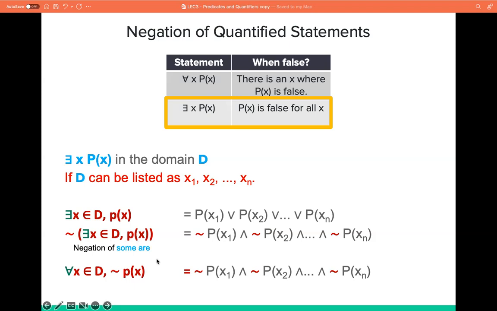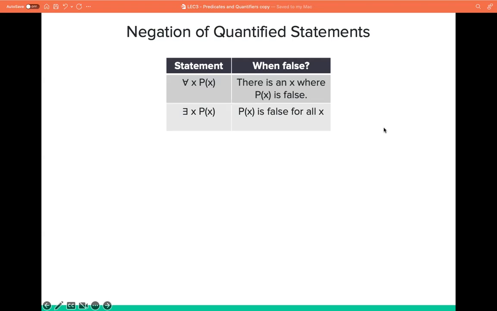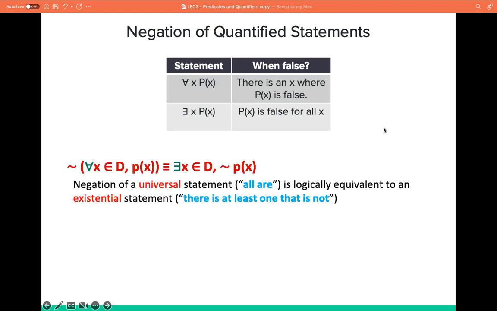So its negation is equivalent to all are not. The negation of some are is equivalent to all are not. Note that again, this existential quantifier is false when P of x is false for all of the x. So here is just a summary.